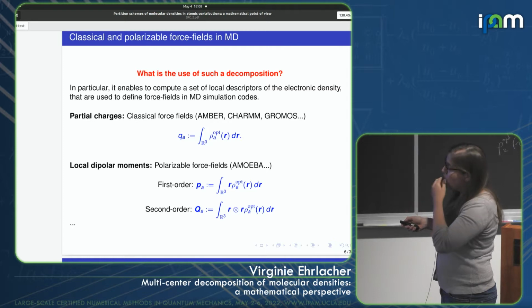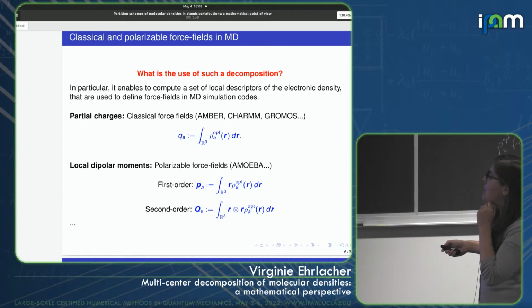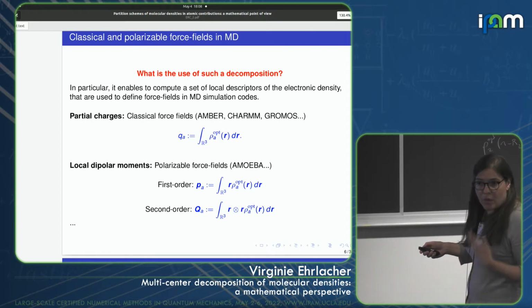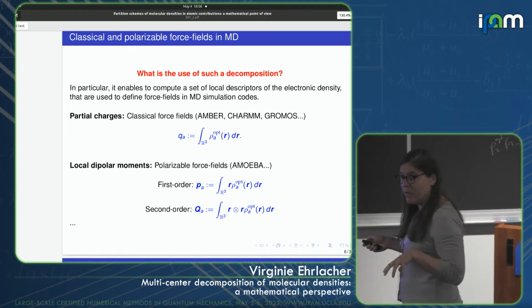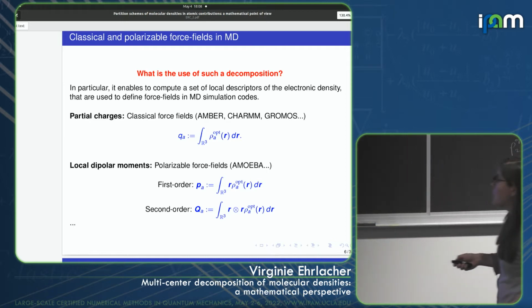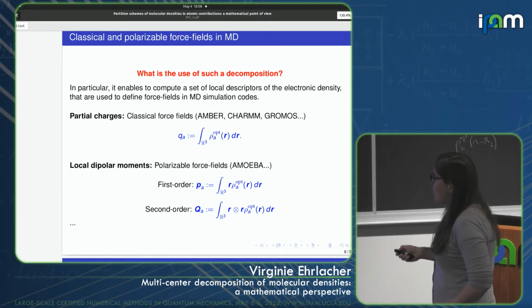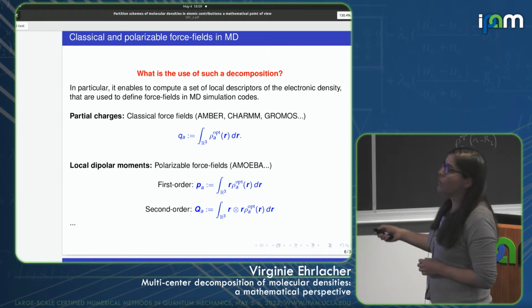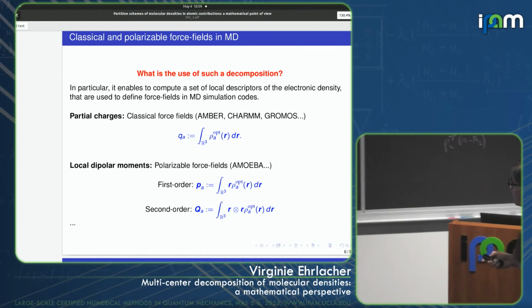But in other more advanced, polarizable force fields, like the one used in the AMOEBA code, for instance, you may use higher order dipolar moments of the local contributions of the atoms within the molecule, like first order or second order local dipolar moments. So having such AIM decompositions enables you to compute these kinds of local descriptors and to feed your MD simulation code.